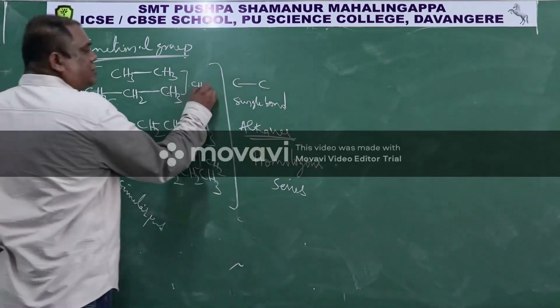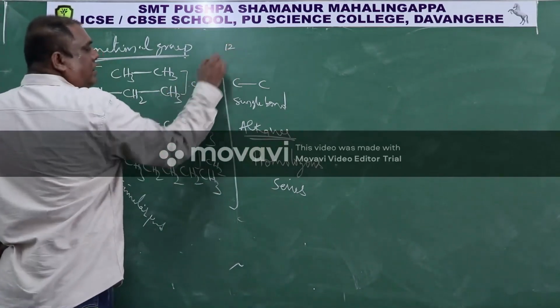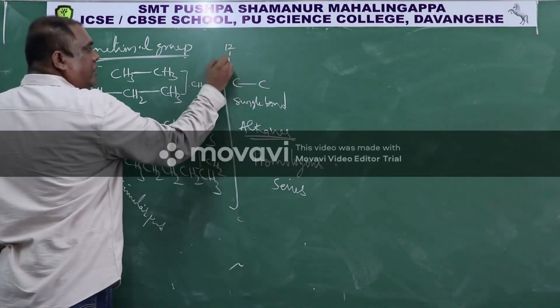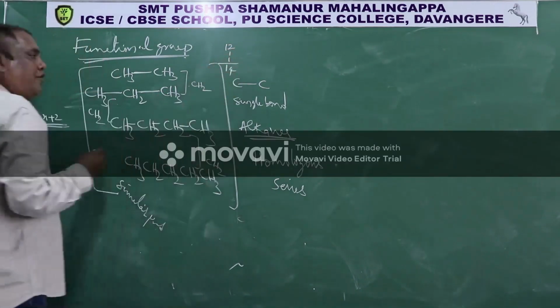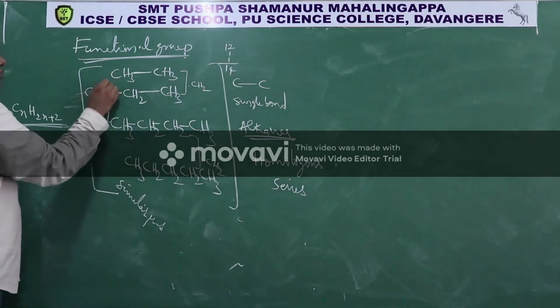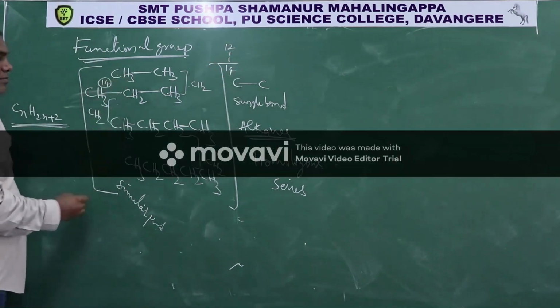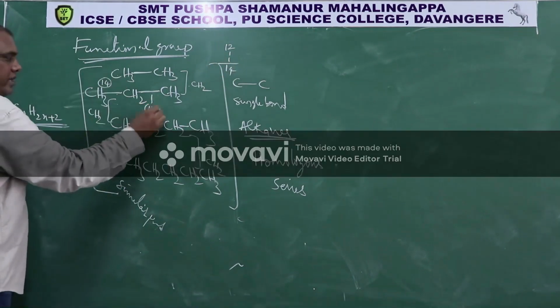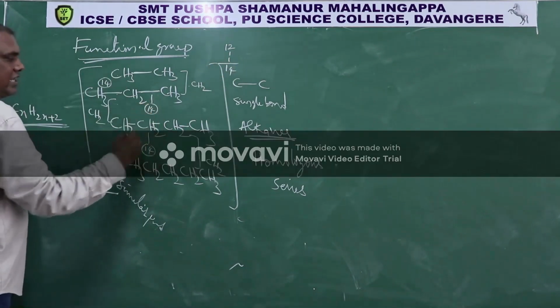Now CH2 means carbon atomic weight 12, hydrogen 1, another hydrogen 1, total 14. It means in a homologous series, two successive members differ in molecular weight by 14.